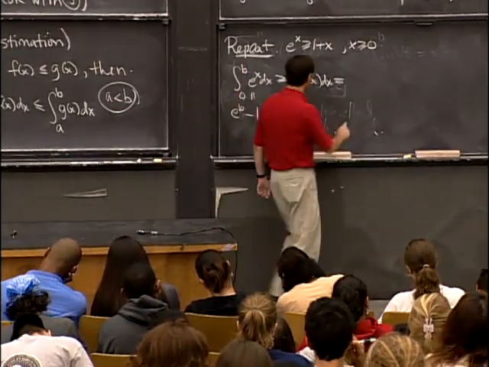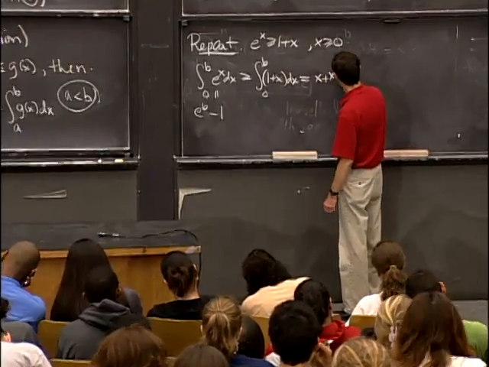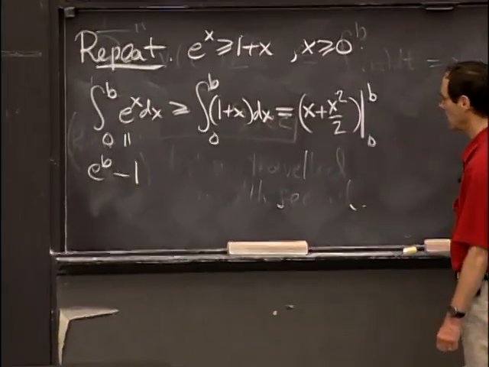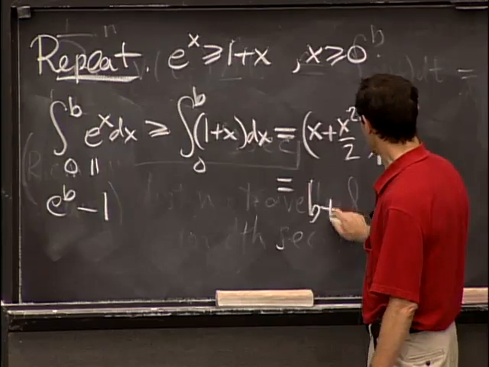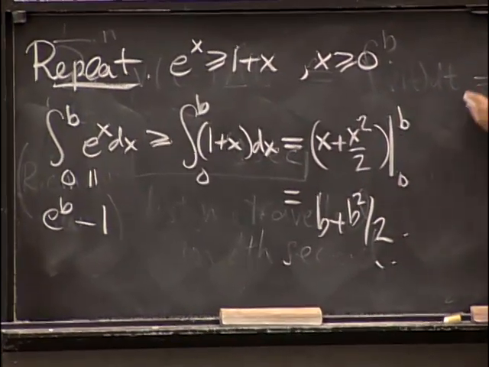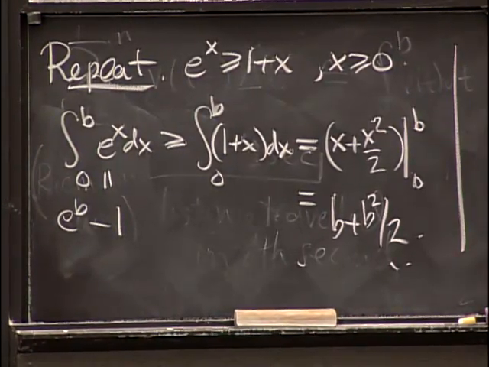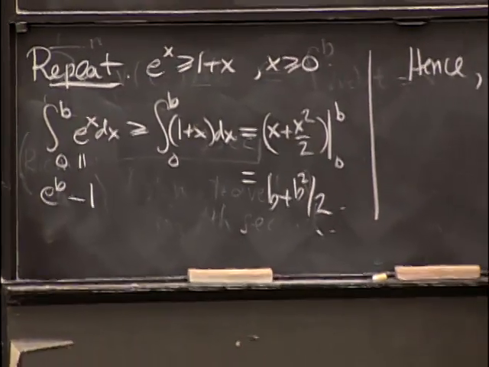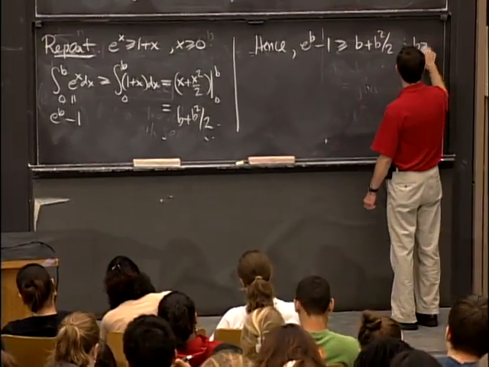And the other one is not hard to calculate. The antiderivative is x plus x squared over 2. We're evaluating that at 0 and b. So that comes out to be b plus b squared over 2. And so our conclusion is that the left side, which is e to the b minus 1, is greater than or equal to b plus b squared over 2. And this is for b greater than or equal to 0.